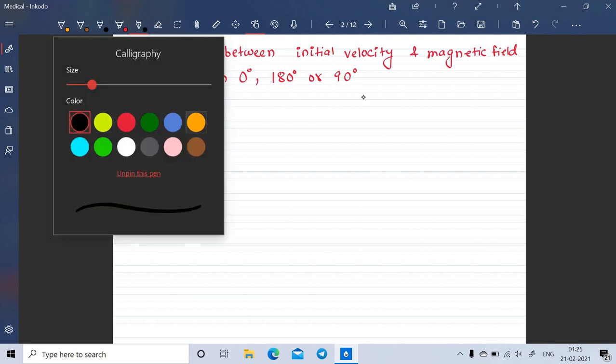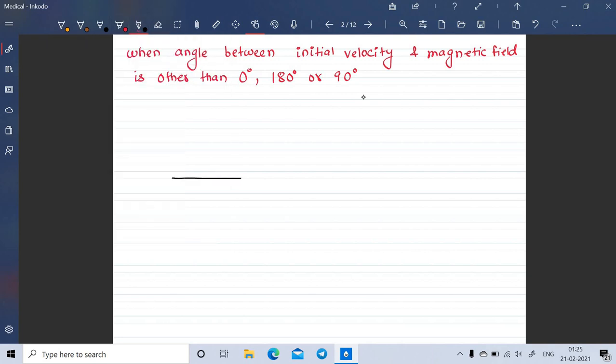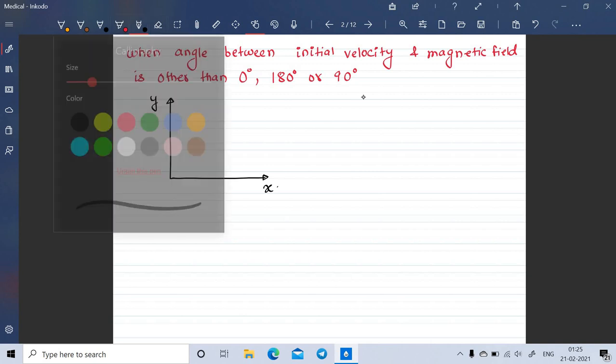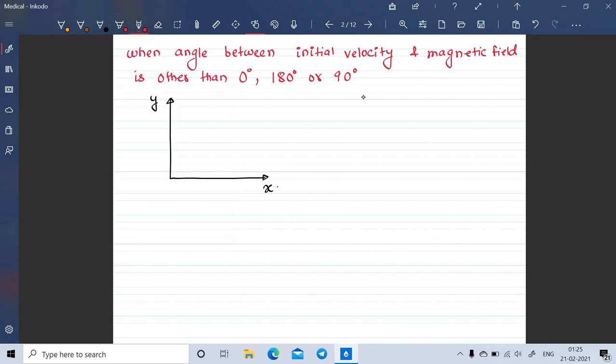So I'm saying, suppose this is the condition. Magnetic field is in positive x. Velocity is in this direction, making an angle theta.